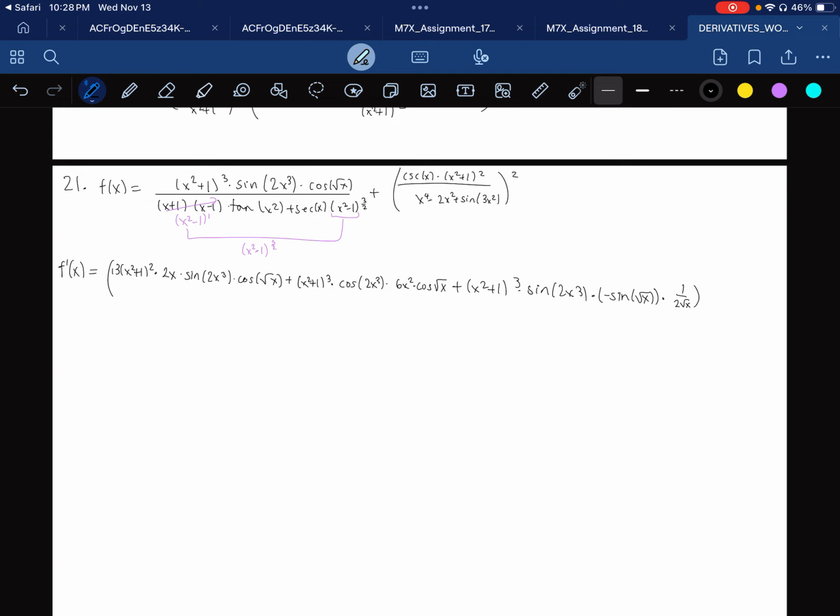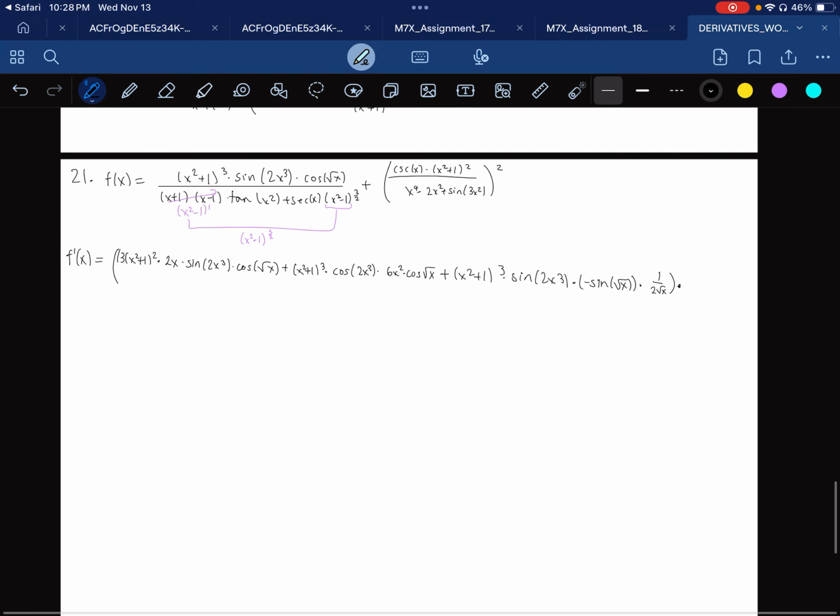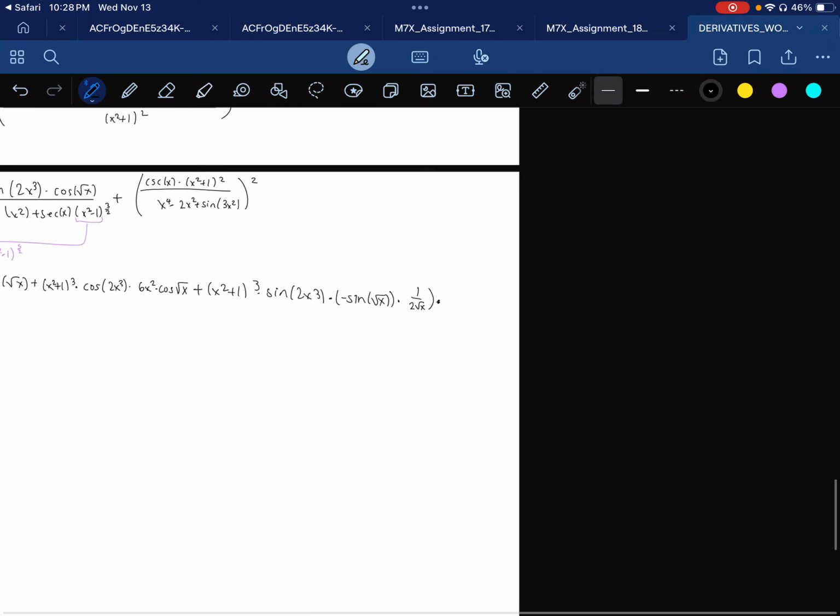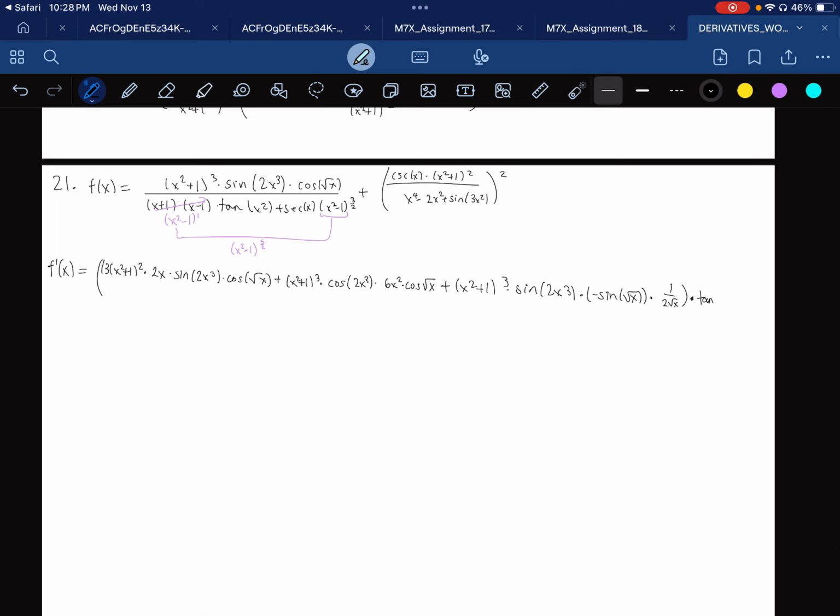And then we multiply that by the denominator, which I'm going to insert here. This is where the denominator is supposed to go. Tangent x squared times secant of x times x squared minus 1 to the 5 halves.